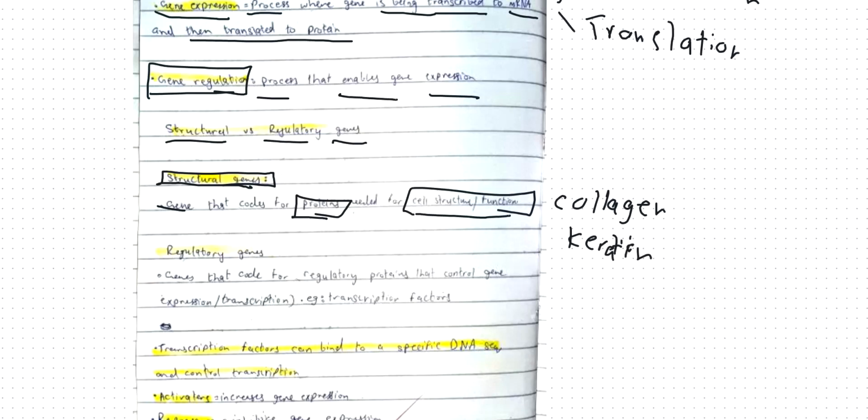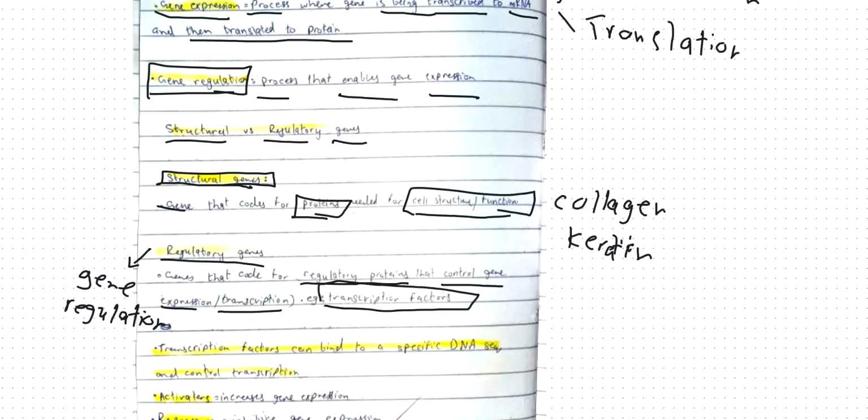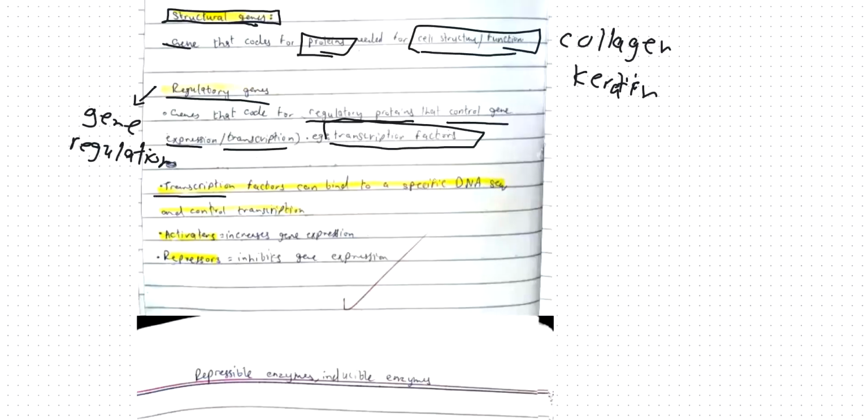Regulatory genes are genes that code for regulatory proteins that control gene expression or transcription. Remember that regulatory genes are involved in gene regulation. A type of regulatory gene product is called transcription factors. A transcription factor can bind to a specific DNA sequence and control transcription. Transcription factors are basically proteins made by, or coded by, regulatory genes.